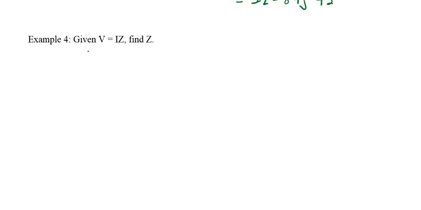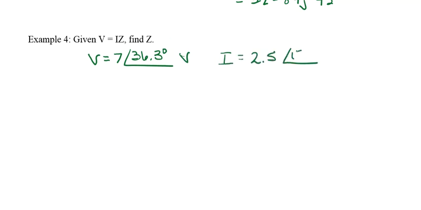So I'm given that V equals 7, 36.3 degrees, and that's volts, and our current is 2.5 at 12.6 amps, and so then I need to find out what my Z, or my impedance, is.